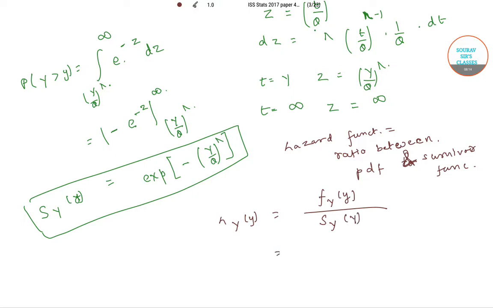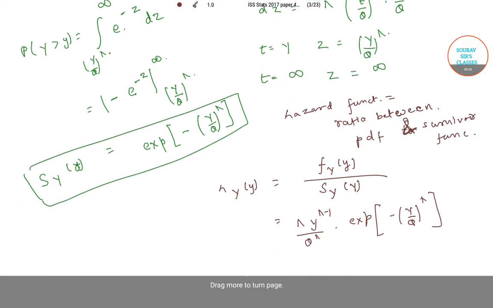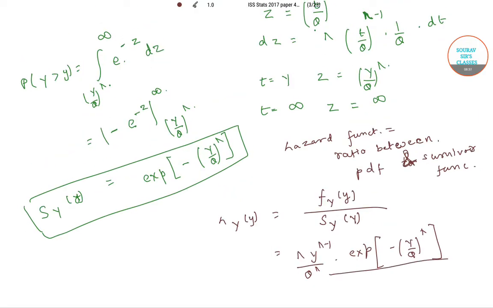So this is equal to lambda into y raised to the power lambda minus 1 divided by theta raised to the power lambda into e raised to the power minus (y by theta) raised to the power lambda, divided by e raised to the power minus (y by theta) raised to the power lambda.